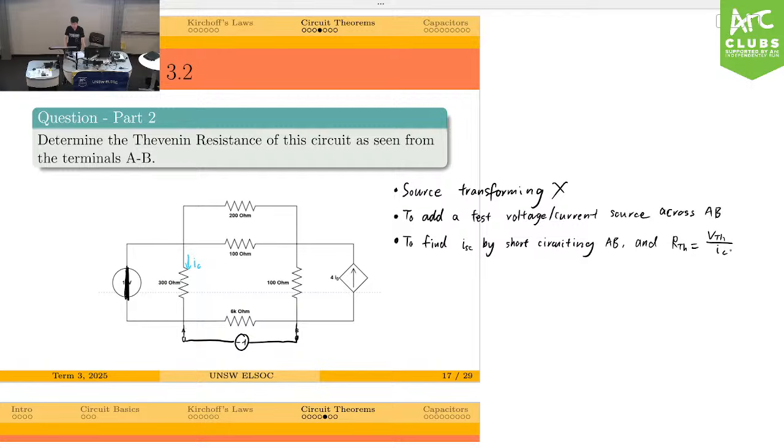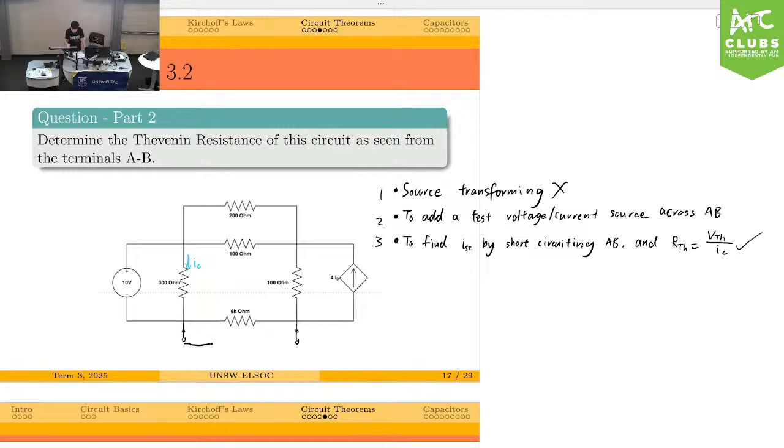I think this method is better just because we don't have to come up with our test source, but both methods could work, and one might be easier than the other in particular questions. In this case, I think both are similar in difficulty, so I'll use the third method here. But if you want to do the second one, it also works.